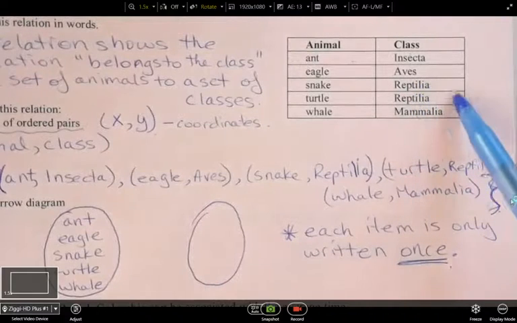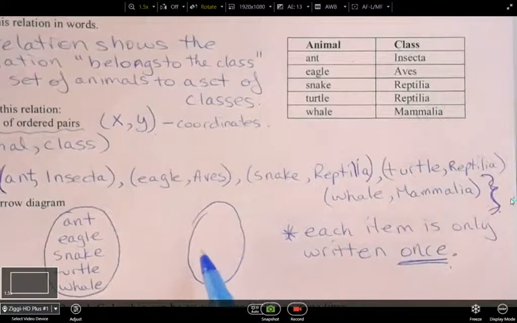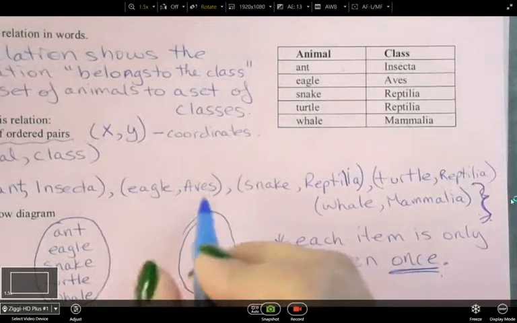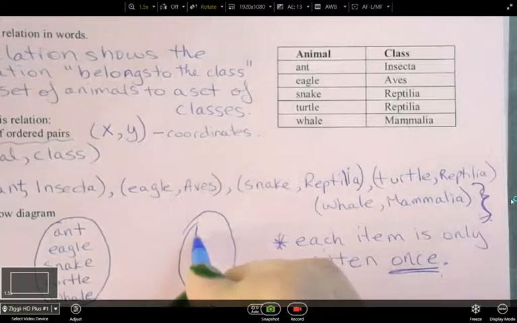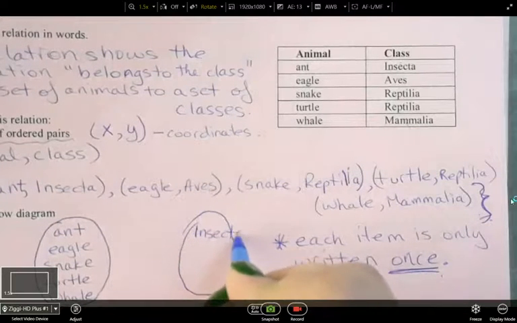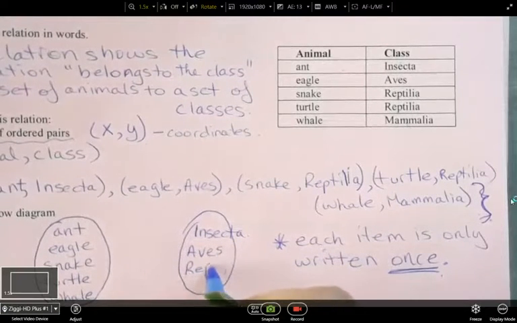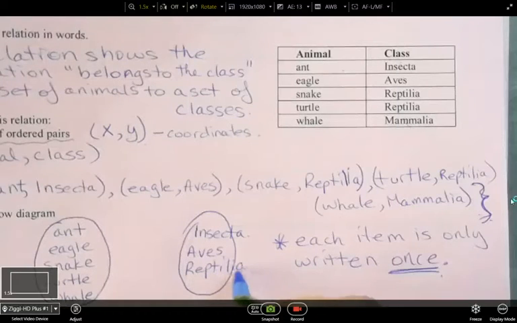Reptilia shows up twice. So how many times do I write it in here? Once. All right. Now, let's write it in so that we've got Insecta, Aves, Reptilia, and then Mammalia.